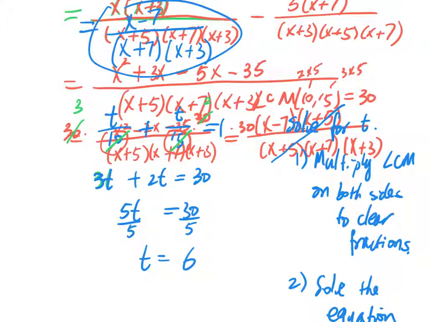And before you multiply the LCM on both sides, let's check the restrictions in the domain. Because your denominator has variables, we want to find out what numbers will make my function undefined.